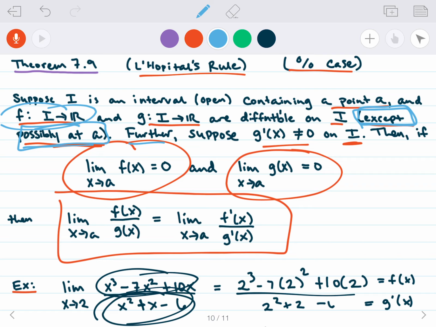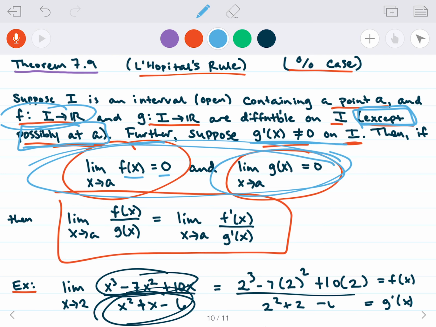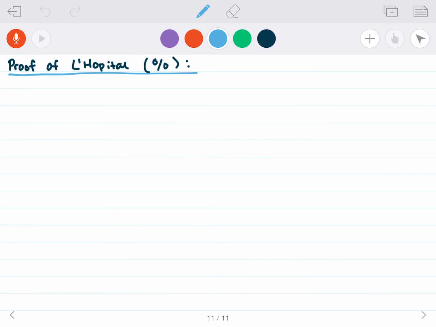Okay, and so also we're going to assume that this is not equal to 0 and that these two things hold true. That the limit as x goes to a of f of x is 0 and the limit as x goes to a of g of x is also 0. Okay, so I'm going to write this up here. So our assumptions.